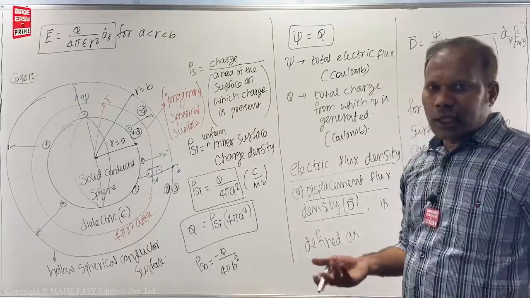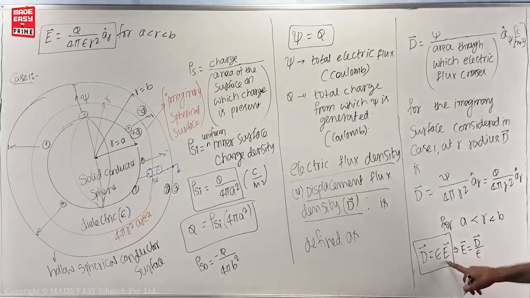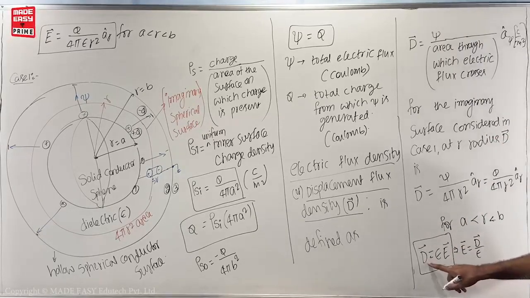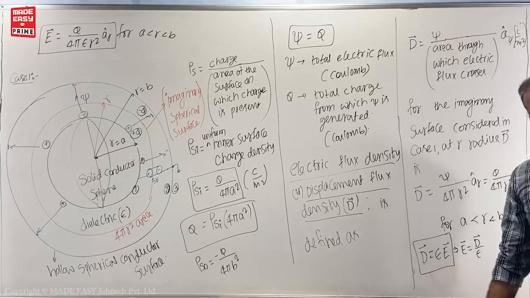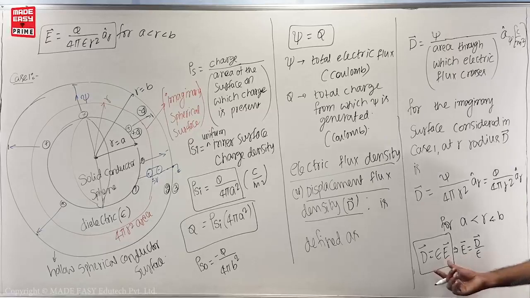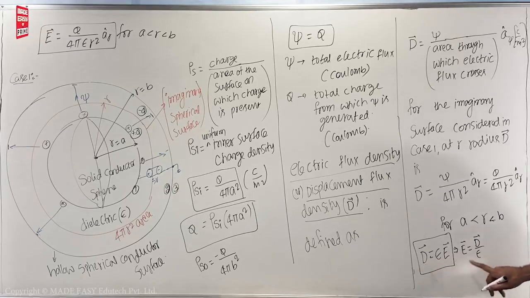That means if you know electric field equation, you multiply with epsilon, then for all those cases you know electric flux density equation also. So dear students, if you know electric field equation, then multiply with epsilon, then you know your D bar equation. If you know D bar equation, divide with epsilon, you get the electric field equation. Now we will take one more case and we will discuss.